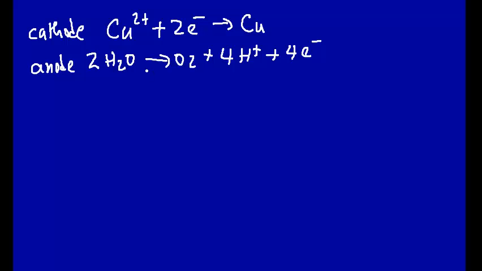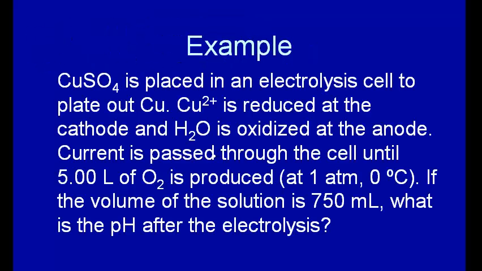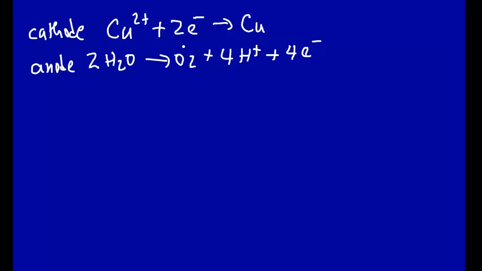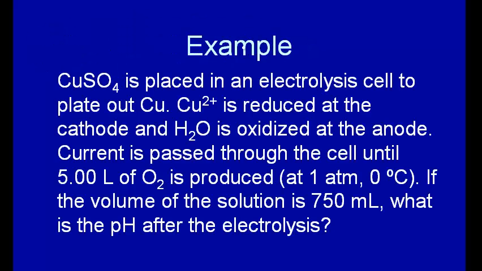All right, so we've written down a couple reactions. What's given here is how much oxygen is produced. Oh, look. If you produce 1 mole of oxygen, you produce 4 moles of H+. How many moles of oxygen did you produce?